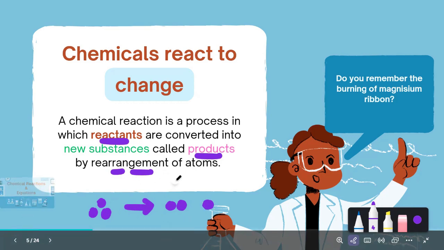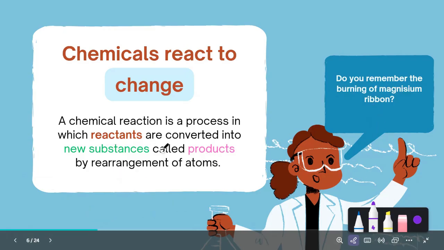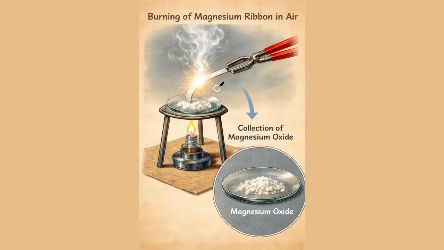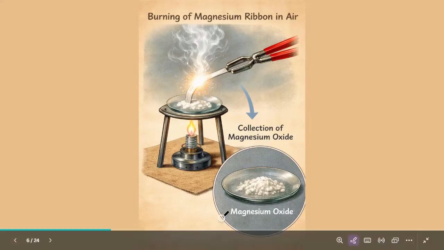Do you remember? You must have seen this activity, burning of magnesium ribbon, right? Here we take a magnesium ribbon and burn it. After burning it, what do we get?